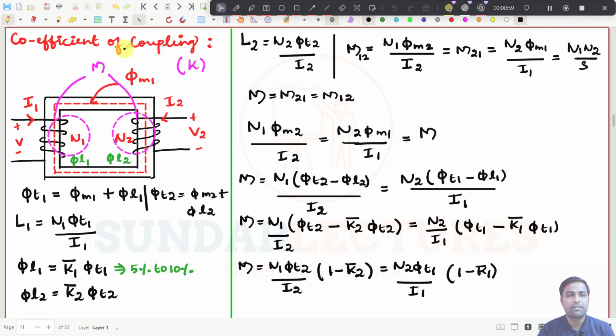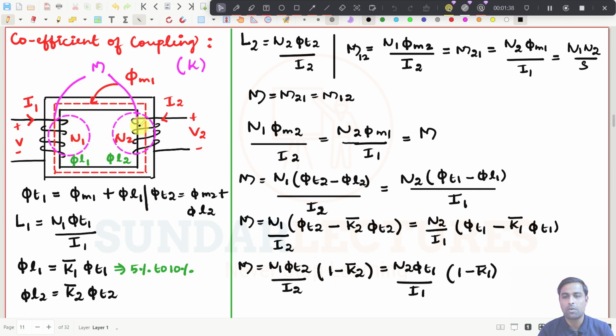And then we have seen what the coefficient of coupling is. Whatever flux is produced in the first coil, how much of it links with the second coil? Maybe there will be some leakage fluxes. Those leakage fluxes have to be taken into account if the windings and cores are not exactly wound, so that not all the flux from coil 1 can link with coil 2.